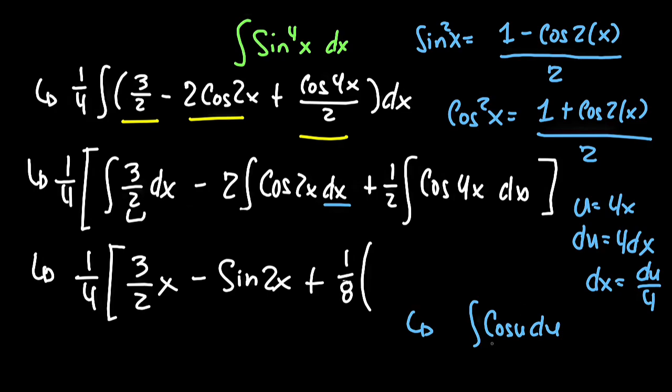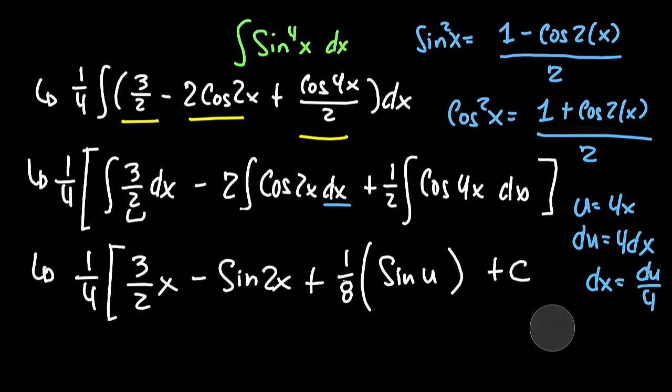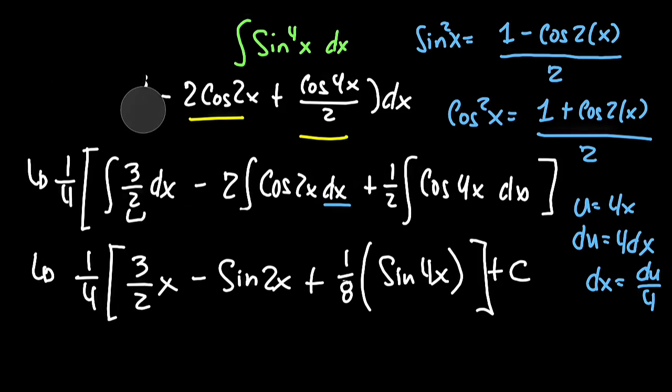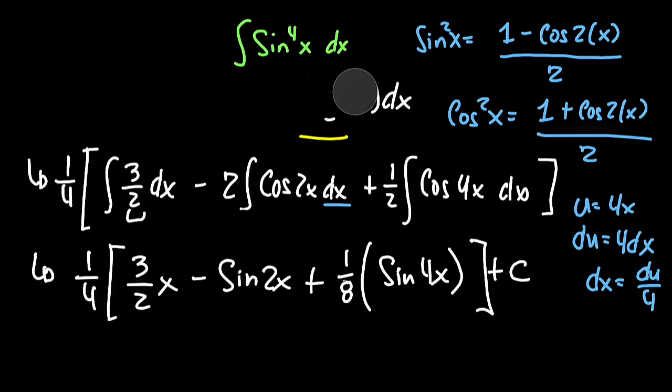And taking the integral of cosine of u, we know that it is equal to sine of u plus c. And so in order to get the final answer here, put u back into its original form, which is 4x. But this is not yet the final answer, because remember we have the 1/4 in here.